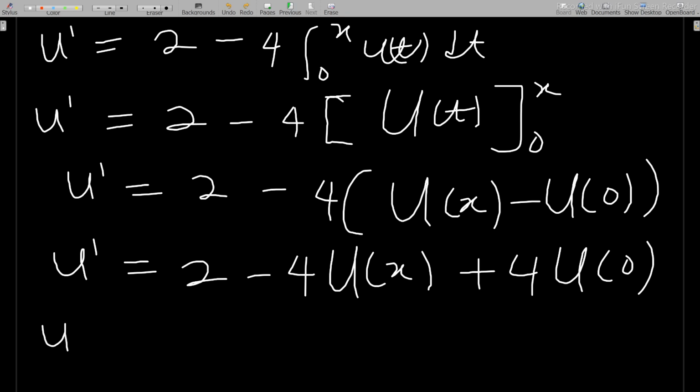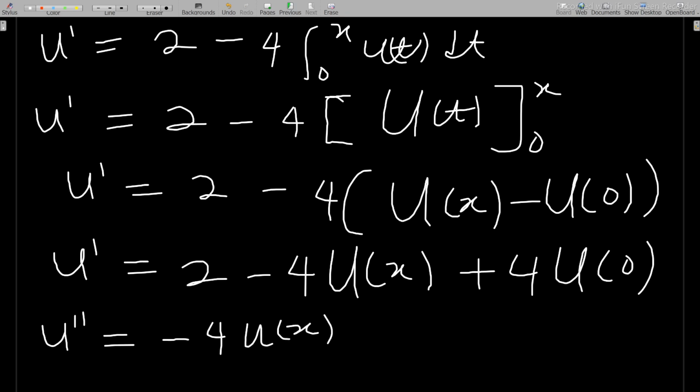And when I differentiate, I'll get u prime prime, because when I differentiate 2 with respect to x, I'll get 0. So I have -4. Then when I differentiate capital U of x, or let's say if I differentiate the whole of this equation with respect to x, I'll get a small u of x.